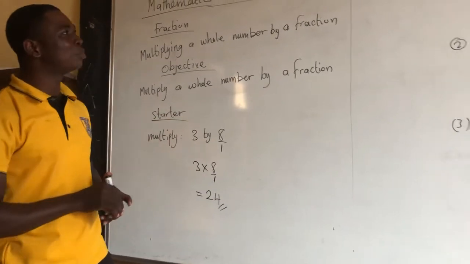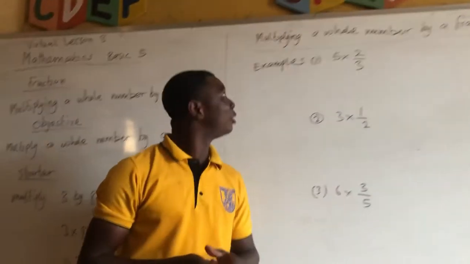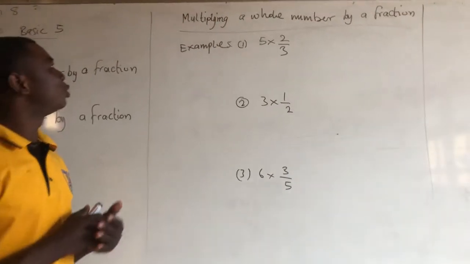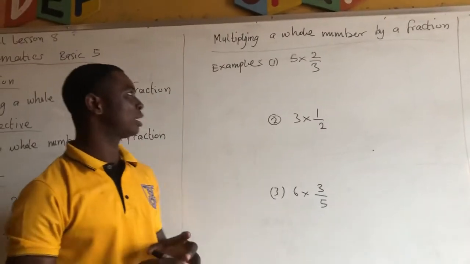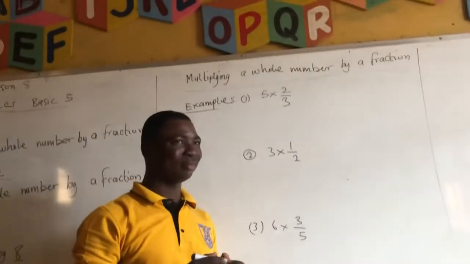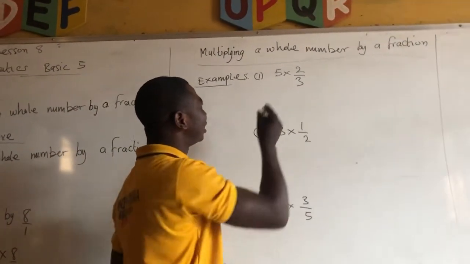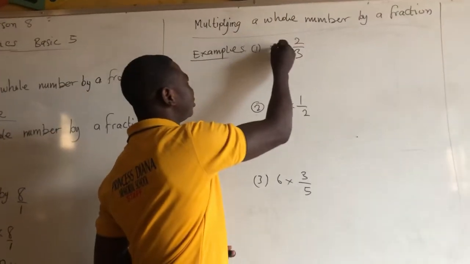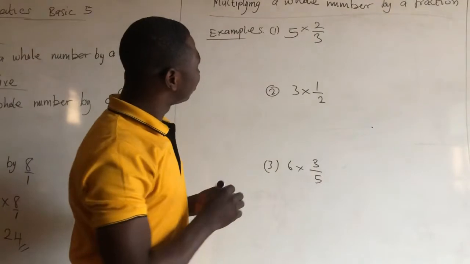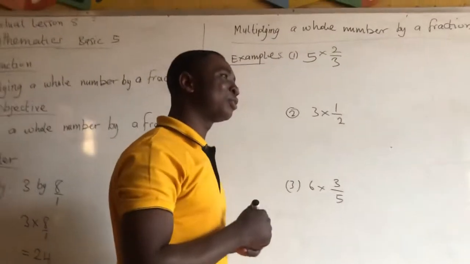So quickly, let's move to today's activity. We have to multiply a whole number by a fraction. Let's first start with our first example. Example 1: we have to multiply the whole number 5 times 2 out of 3.